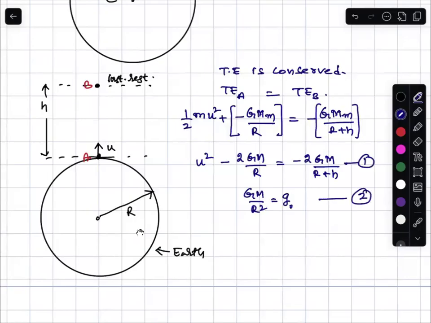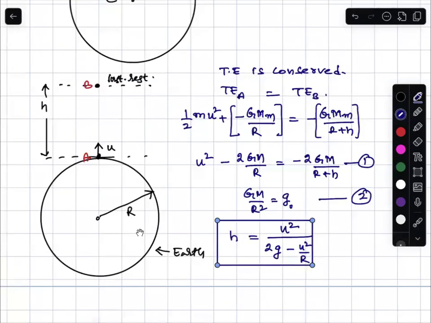Using both these two equations, you can say that h is u square by 2g minus u square by R. Remember, this is the expression for maximum height attained.